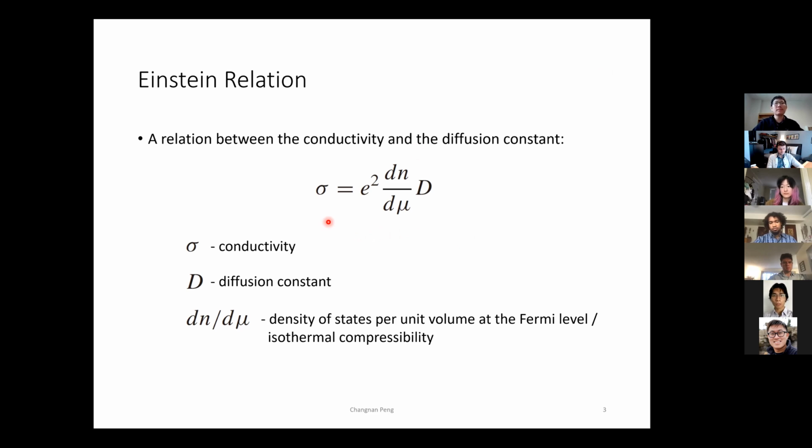Written as a formula, it says sigma equals e squared times dn over d mu times D, where sigma is the conductivity, D is the diffusion constant, and dn over d mu, in a single particle system, is the density of states per volume at the Fermi level. But for a many-body system, there might not be a clear definition of single particle orbitals, so it's replaced by the isothermal compressibility.